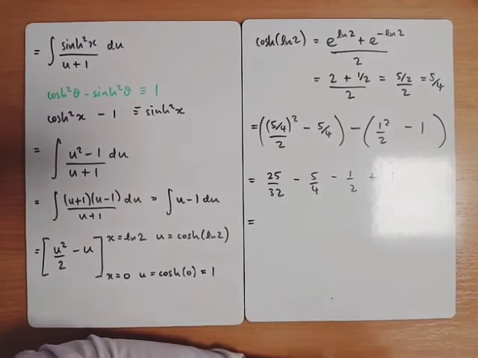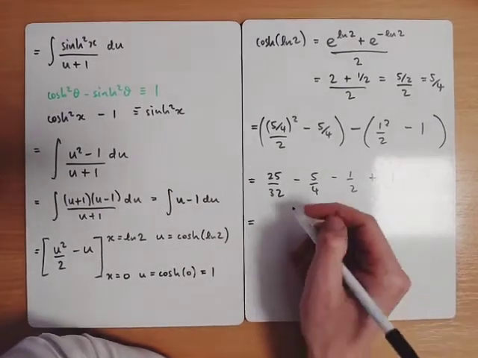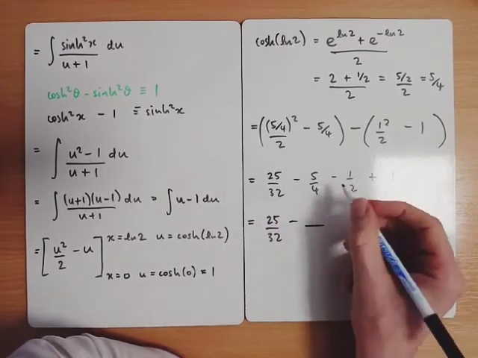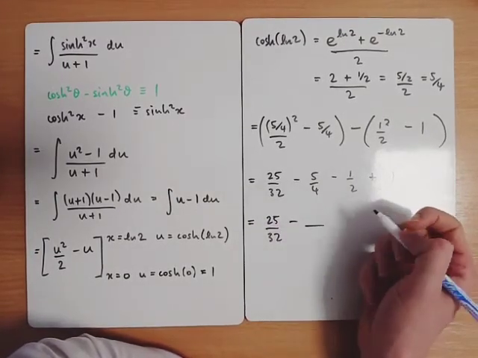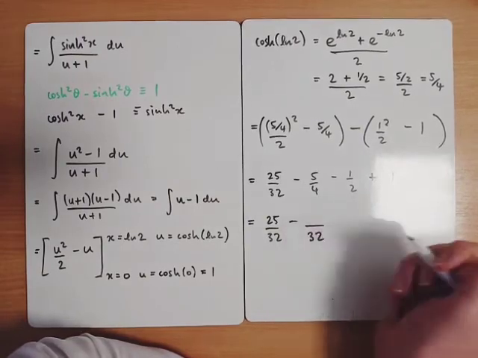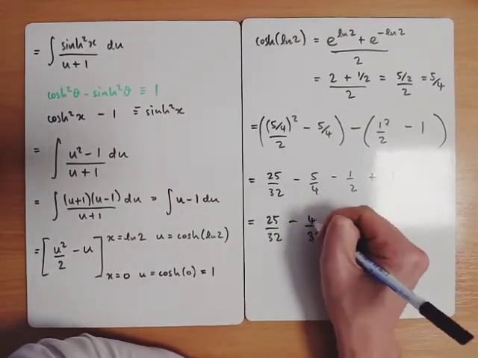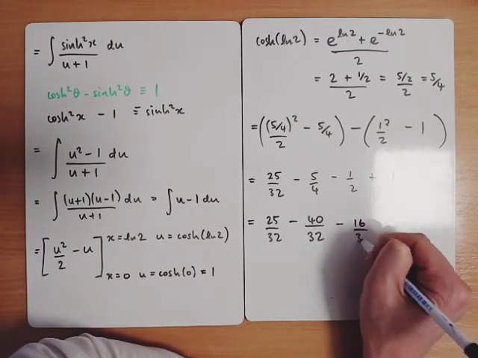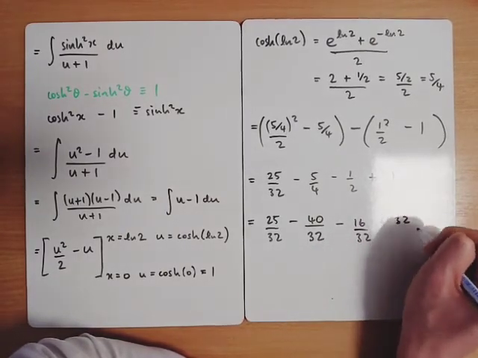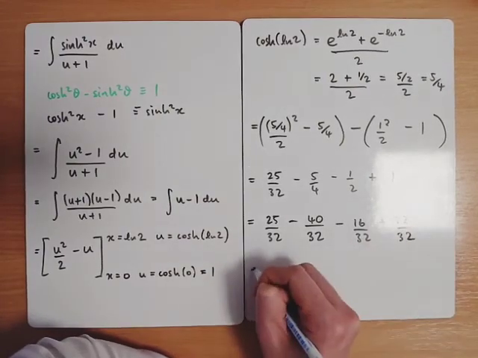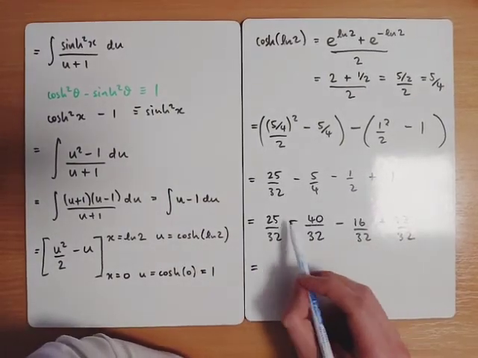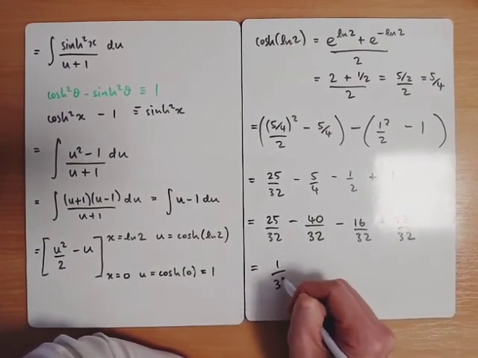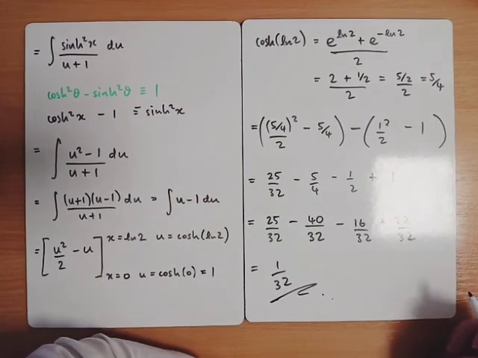But we're aiming to get the answer of 1 over 32. So we're nearly there without it. 25 over 32 minus 4 times that by 8 gives 32. So that would become 40 over 32. 16 over 32 plus 32 over 32. So we've got 25 minus 40 minus 15 minus 16 minus 31 plus 32. There we go, 1 over 32. Okay, thanks guys.